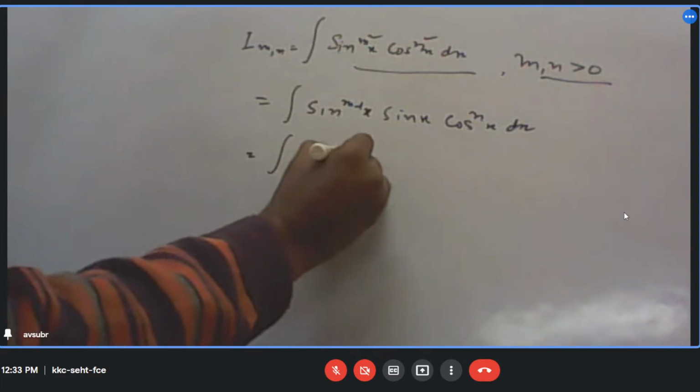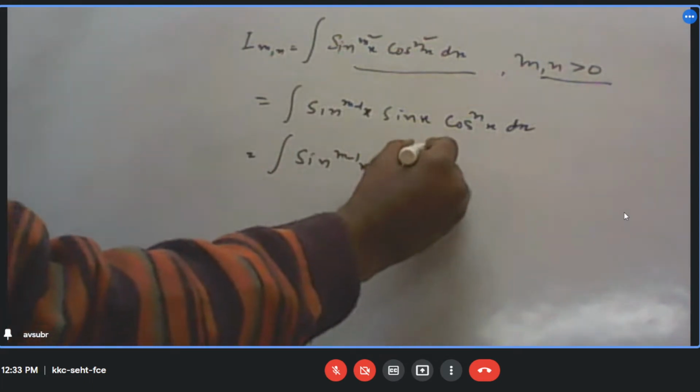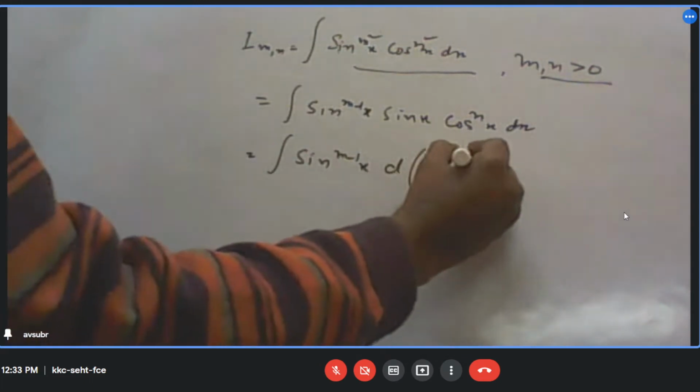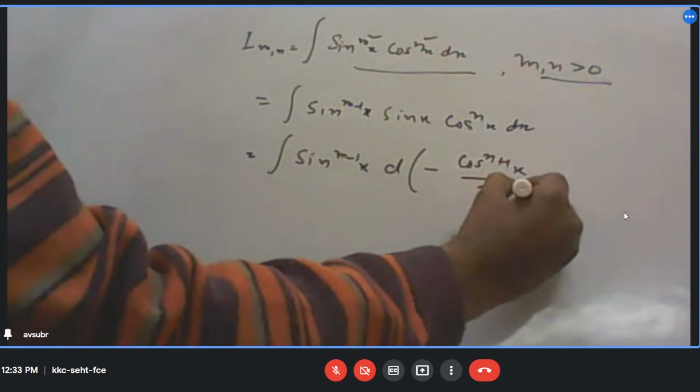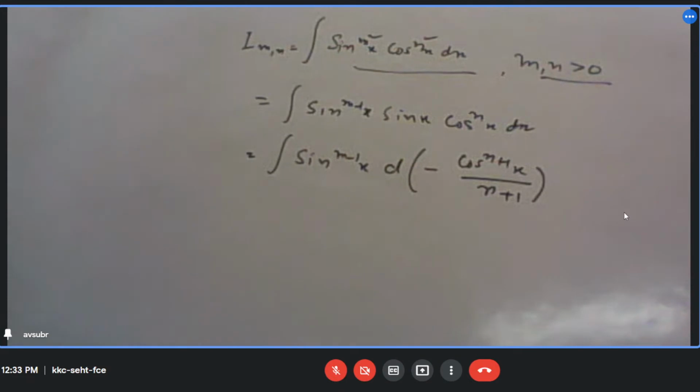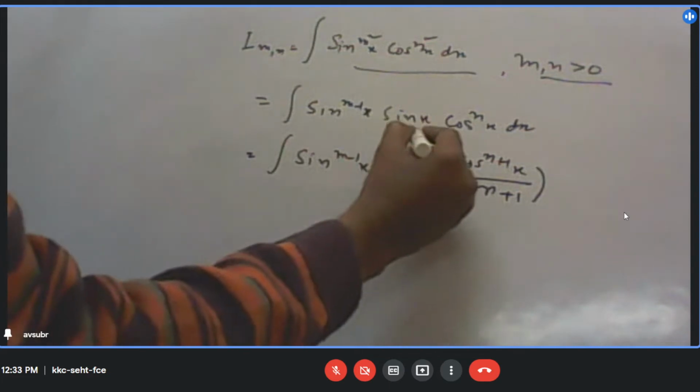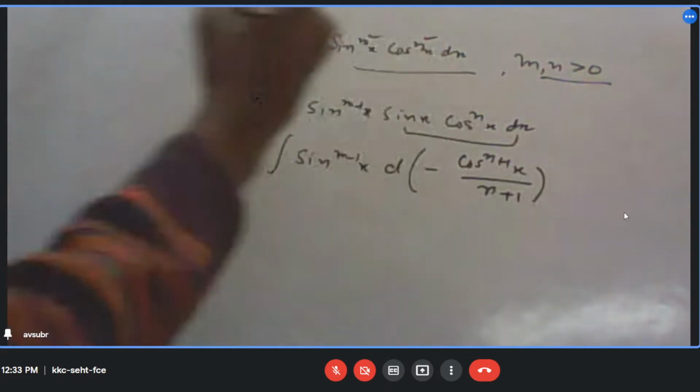This can also be written as sine to the power m minus 1 x d of minus cos to the power n plus 1 x by n plus 1. This whole thing I can club under this derivative.